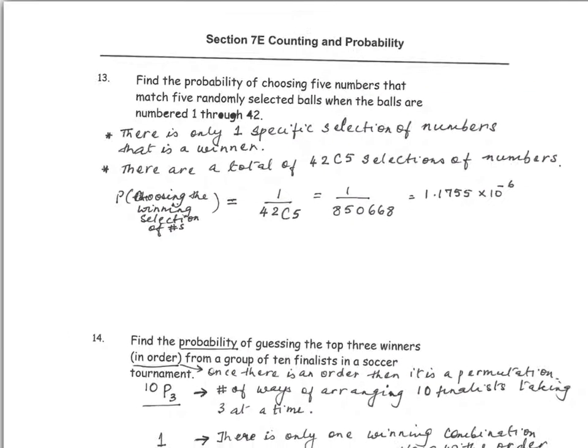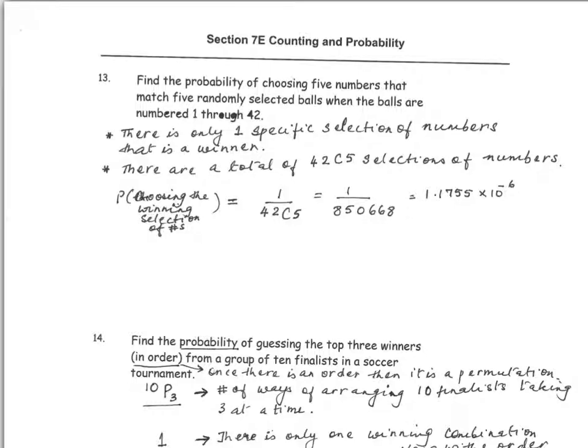Now some problems related to probabilities where you have to use the counting techniques. So find the probability of choosing five numbers that match five randomly selected balls when the balls are numbered 1 through 42. So we have a specific selection in mind. We're choosing five balls and we have a specific selection in our mind.